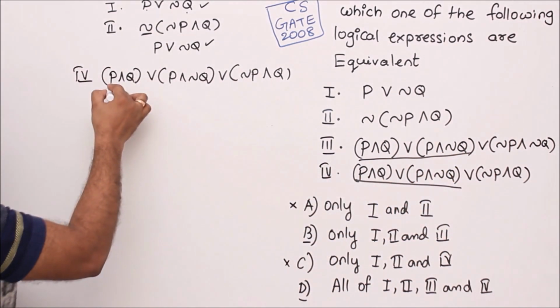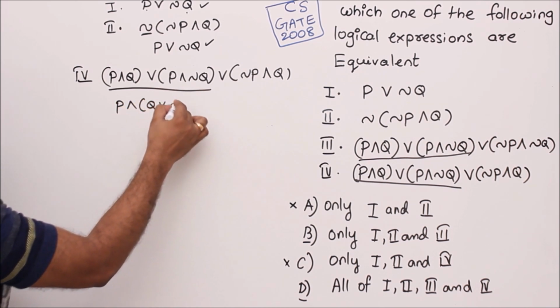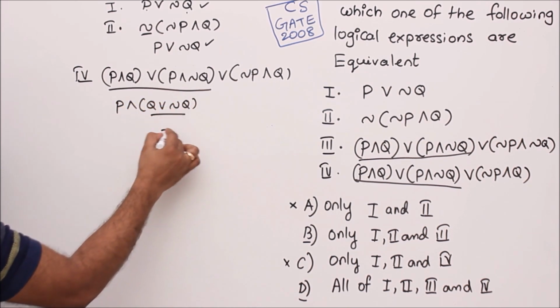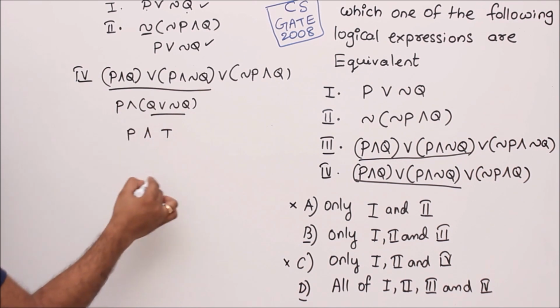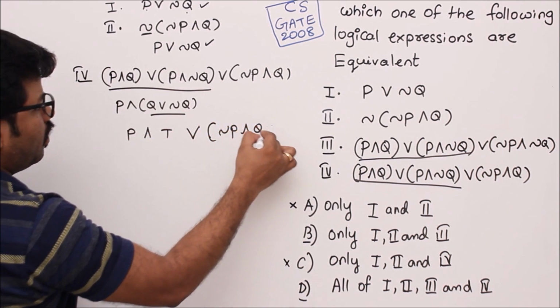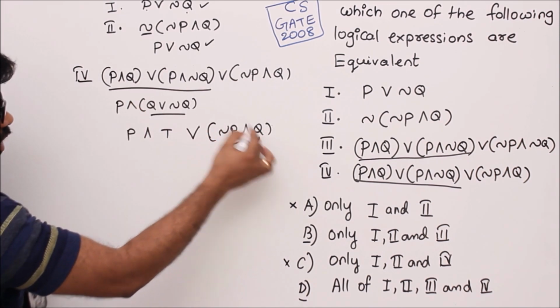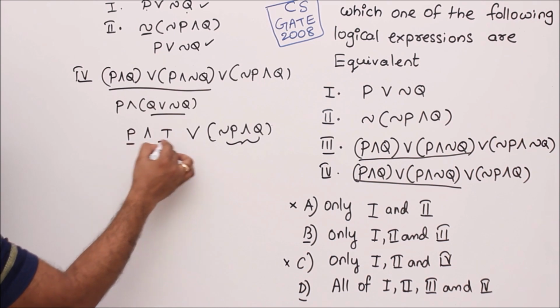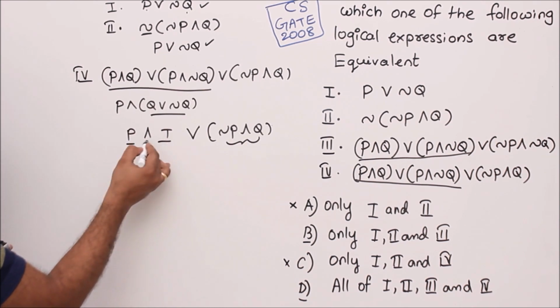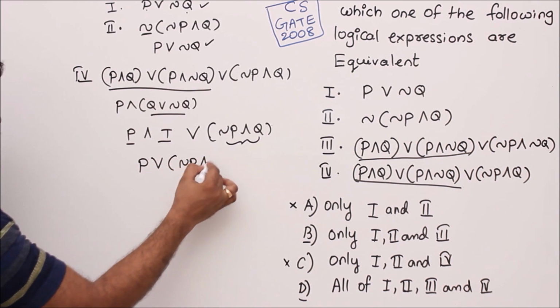We have already simplified this part: first p and (q or negation q), then q or negation q becomes true, and after that p and true, then or (negation p and q). Easily you can check that 4 is not equal to 1, 2, 3 because you have a different component here, right?